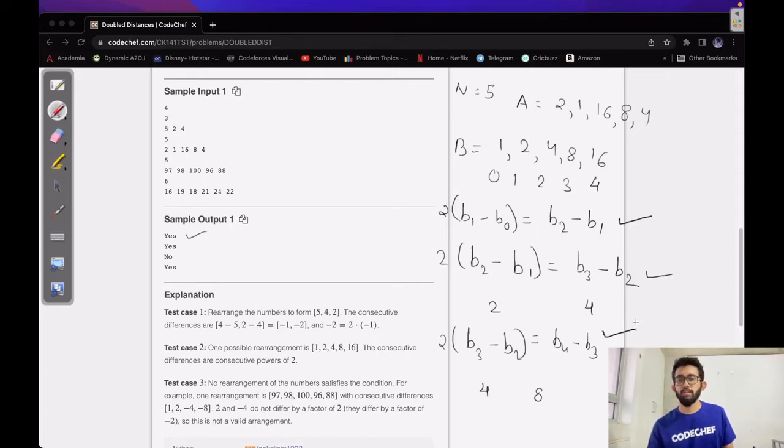This also satisfies the condition, and hence you can say that we have found one rearrangement which satisfies the conditions.